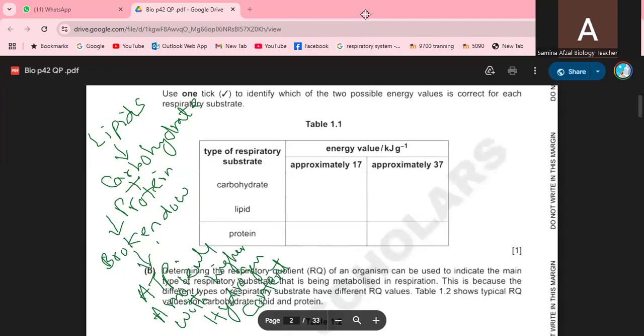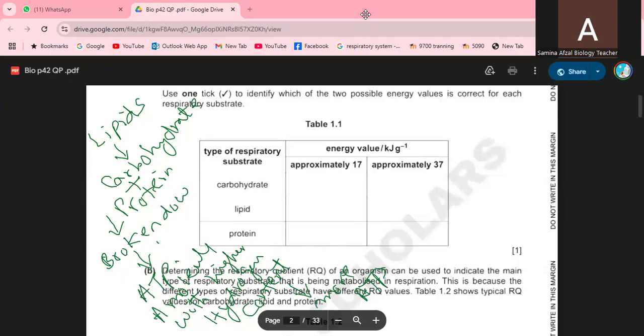In this way, more ATP will be produced and it will show the high energy values. And it happens in lipids because the lipids consist of long fatty acid chains, so long hydrocarbon chains, glycerol and fatty acids. So in this way, the energy value is high in them.